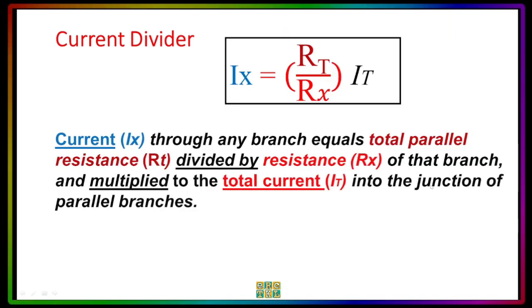Now, if we make this in words, current Ix through any branch equals the total parallel resistance divided by the resistance Rx and then multiplied by the total current IT.